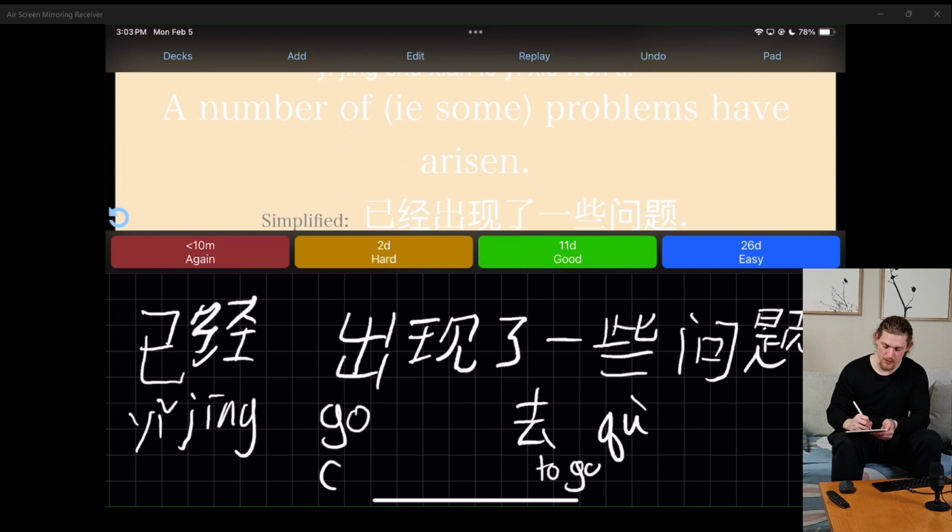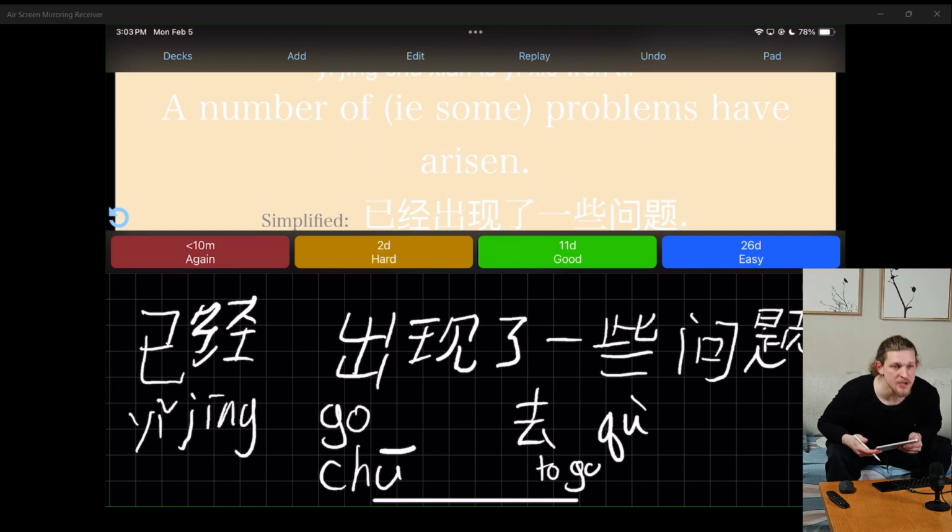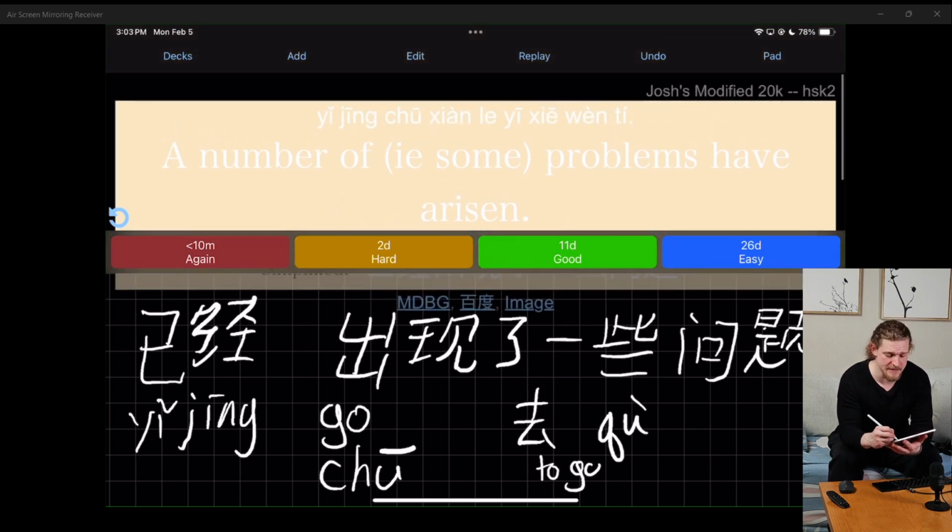This one, 出, is a CH sound, instead of 去 for the Q. Now 已经出现了一些问题. Alright, so 出现, this is 出现.